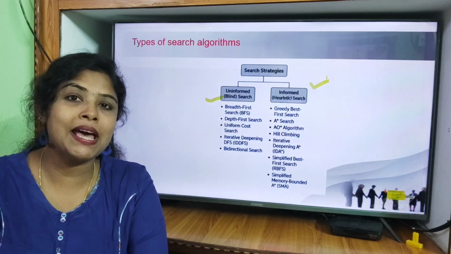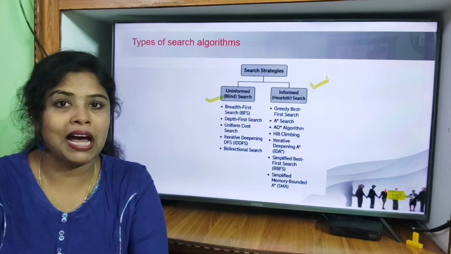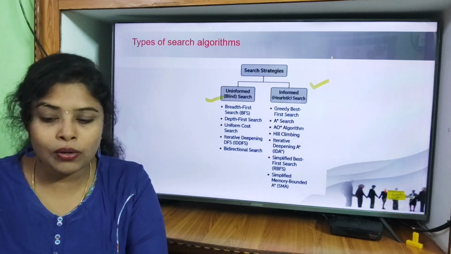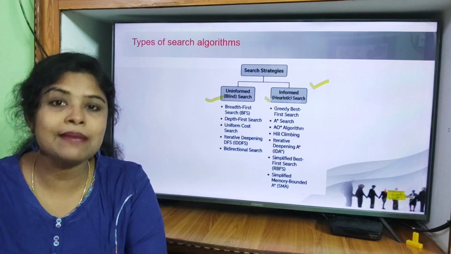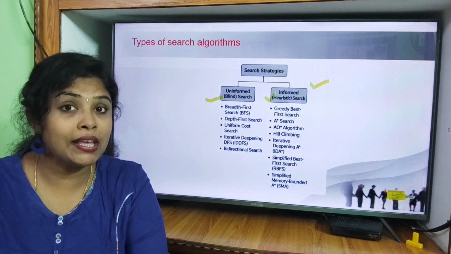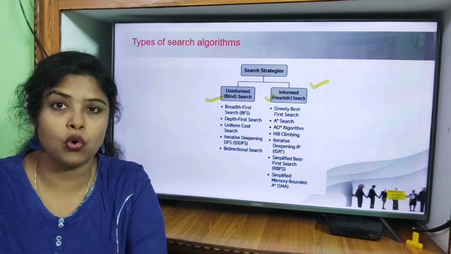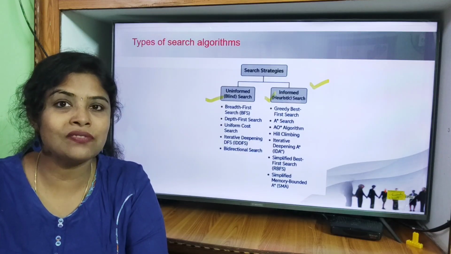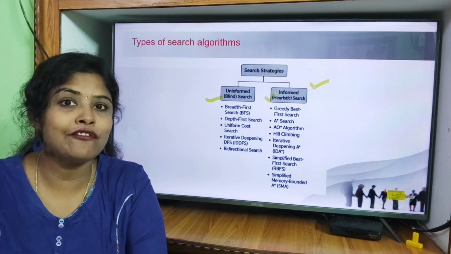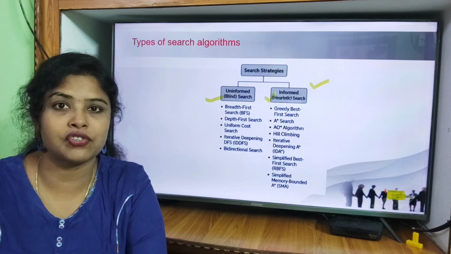And it can compare the cost with other routes as well. So the heuristic value, or the estimated value to reach the goal node, will be known to the algorithm. That's why we call this informed or heuristic search.